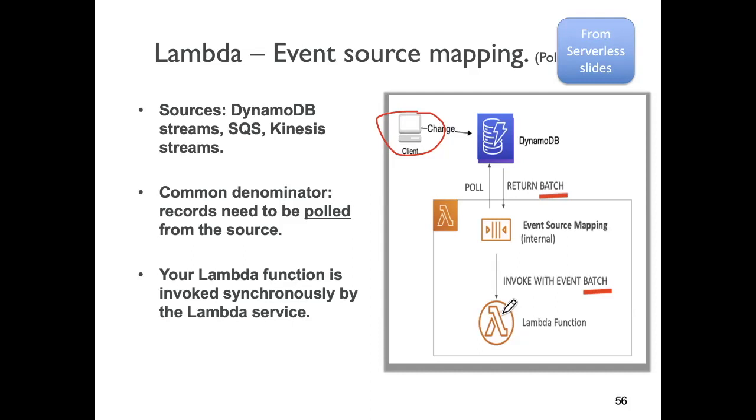But in addition, the stream entry will indicate what type of operation caused the state change. Was it an update operation, an add operation, or a delete operation? In other words, up here, if I go back to here, what type of invocation was made here? Was the client trying to add a new record to the table, update an existing record, or delete a record? It may be important for the Lambda to know which of those operations caused the state change, as well as knowing the outcome of the state change and the previous value of the particular item.